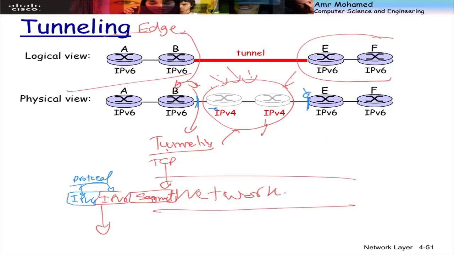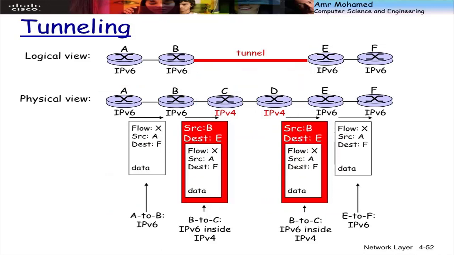ما هو B is the node that has the dual stack. Okay, so in that case, tunneling. So that's how it looks like. So we'll take the source A and F, which is this source, and this is the destination, right? And as we all know, the source and the destination in the packet, it does not change. It's kept in the packet, and it's not supposed to change unless we're using NAT. We're not using NAT.